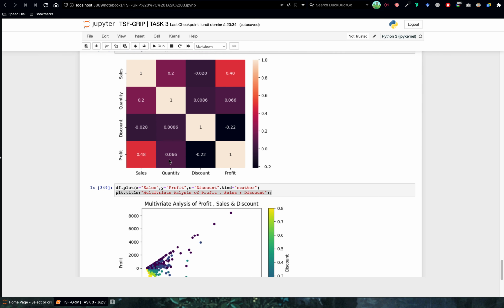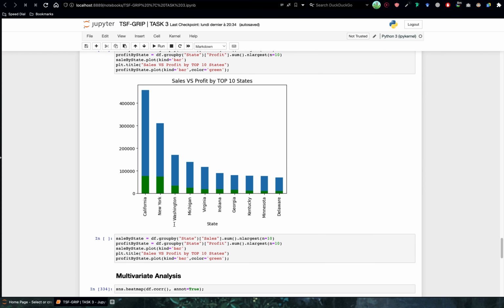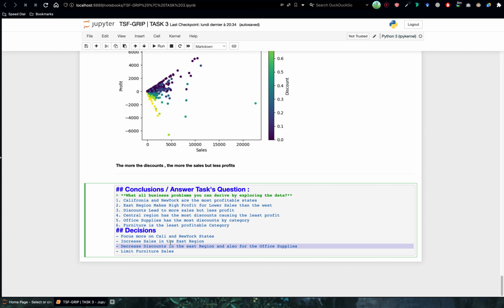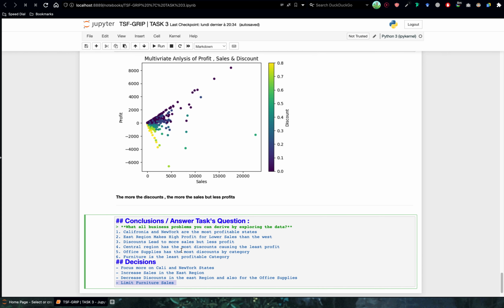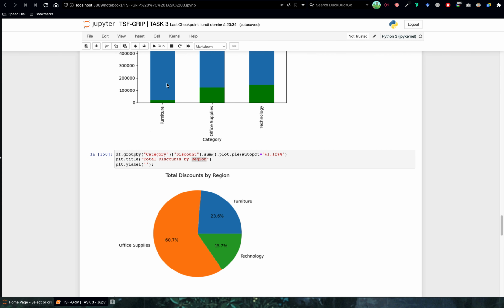And last but not least, decrease discounts in the East region, and also for office supplies, because we have seen that discounts lead to less profit and more sales. And limit furniture sales, as it is the least profitable category.